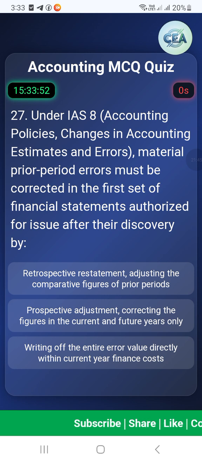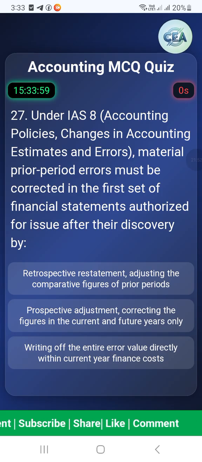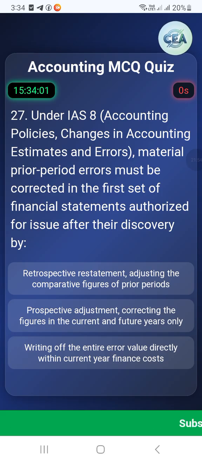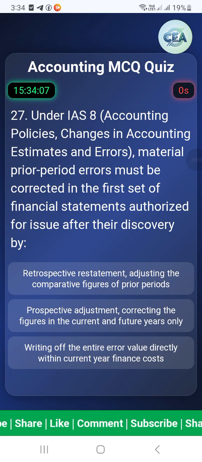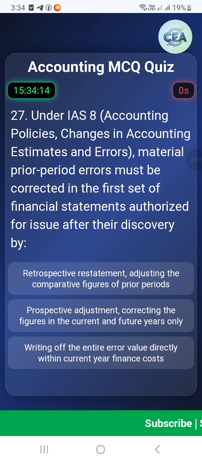27. Under IAS 8 Accounting Policies, changes in accounting estimates and errors, material prior period errors must be corrected in the first set of financial statements authorized for issue after their discovery by Option 1. Retrospective restatement, adjusting the comparative figures of prior periods. Option 2.